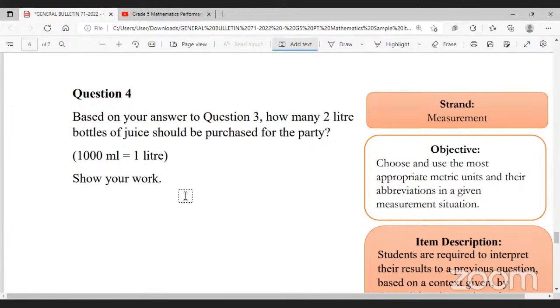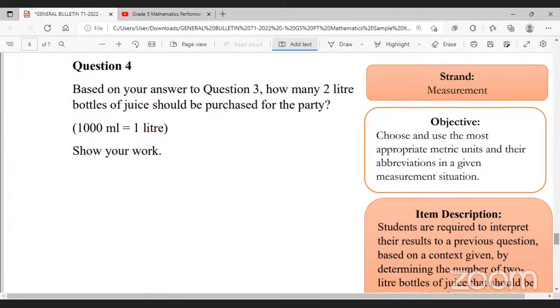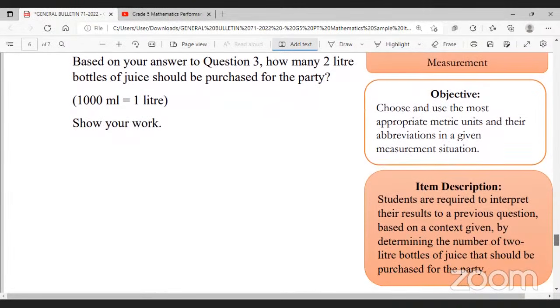In this question, we're required to interpret the results of a previous question based on the context given, by determining the number of 2 liter bottles of juice that should be purchased for the party. So again, we can use 2 routes, right? Just for demonstration purposes, I'm going to do both of the routes and separate them by this line.